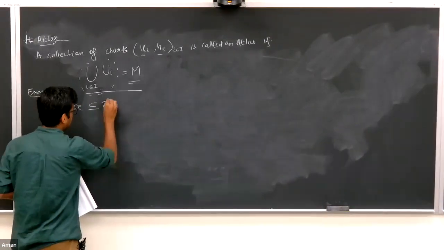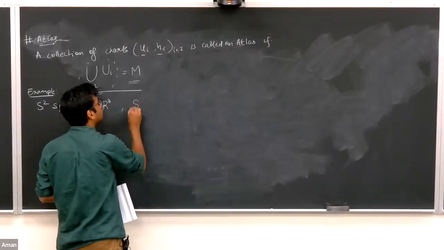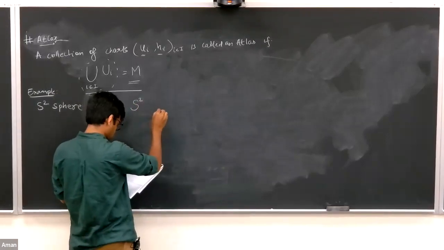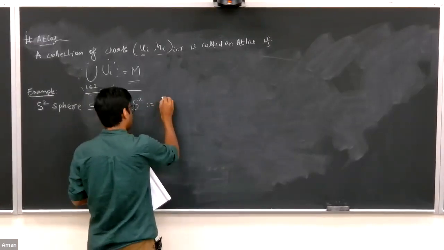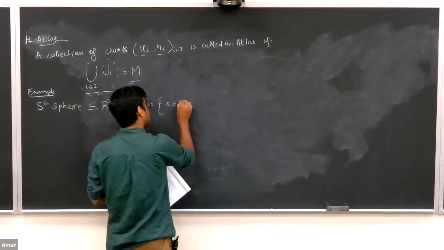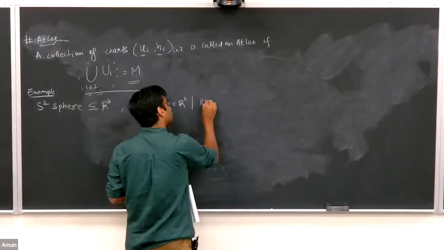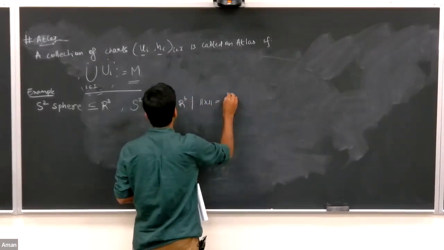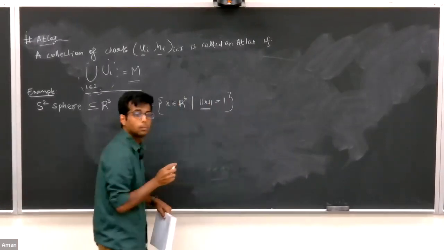We're only talking about the surface of the sphere, and the sphere is defined as x in R^3 such that the Euclidean norm of x equals 1.